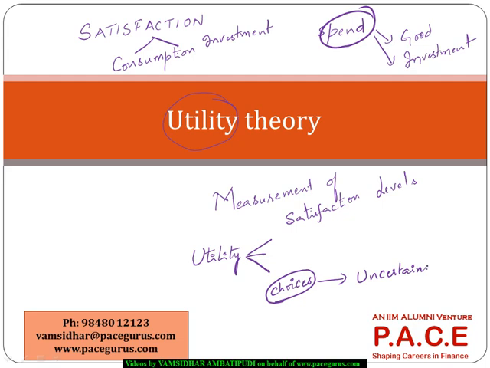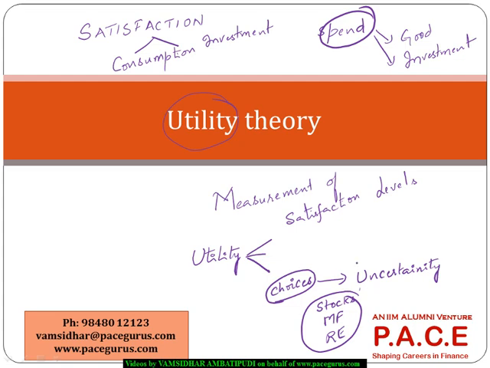Let's say the investor has to choose between investing in stocks, mutual funds, and real estate. These are the three choices available, and based on these he wants to decide where to invest and to what extent.